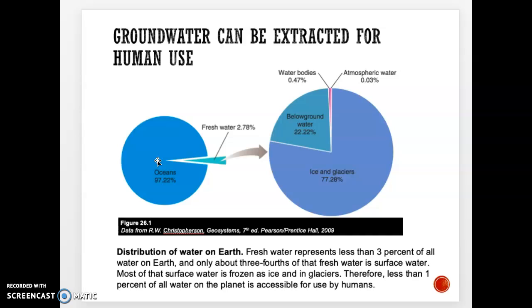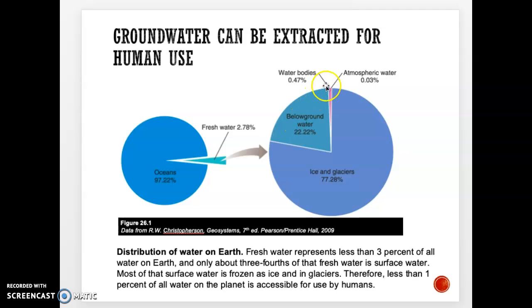That's not a lot. So take your attention now over to this pie chart here, and you can see how the fresh water breaks down. So of that 2.78%, which is a very small percentage, 77.28% of it is locked up in ice and in glaciers. The next largest amount of fresh water is found in below ground areas, which we're going to learn more about in this presentation.